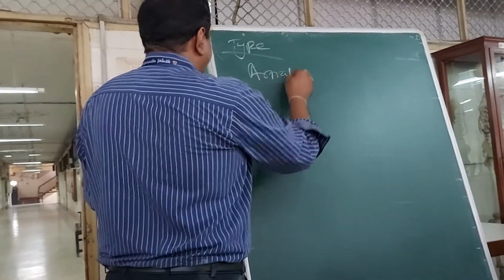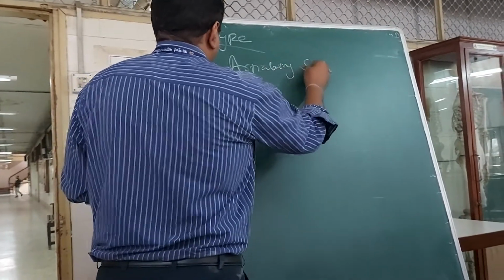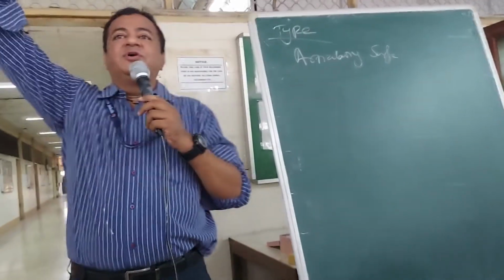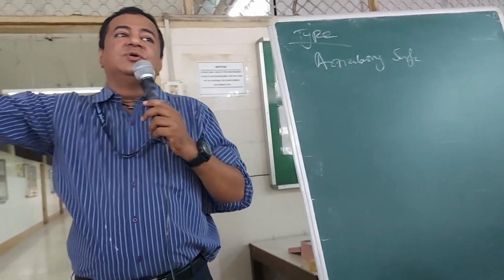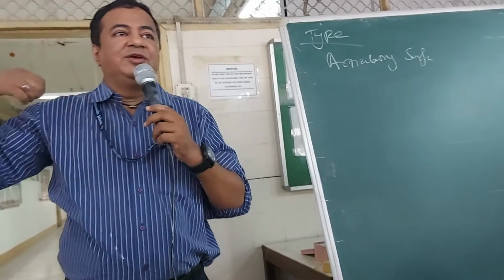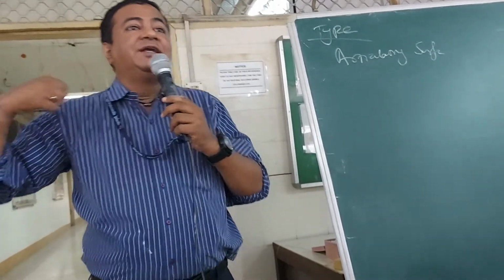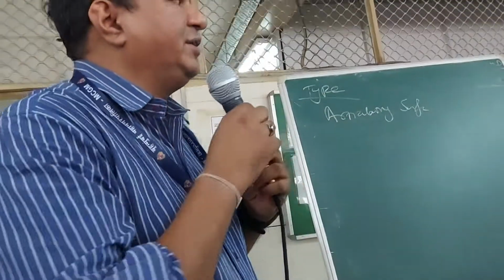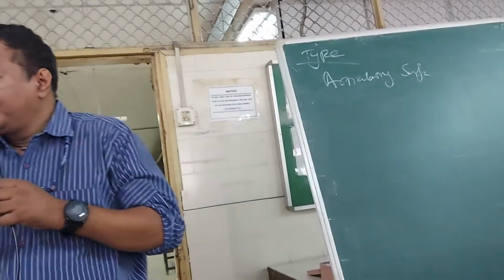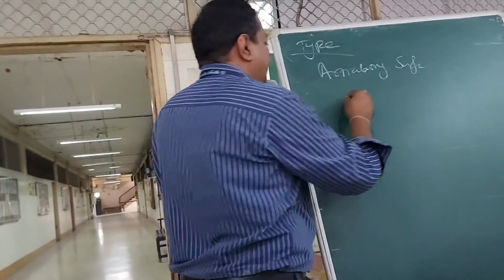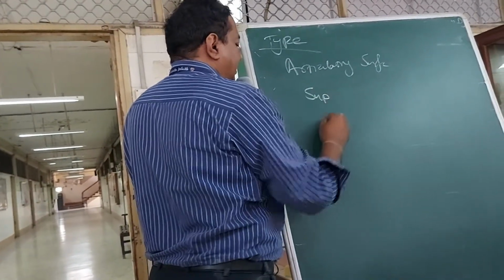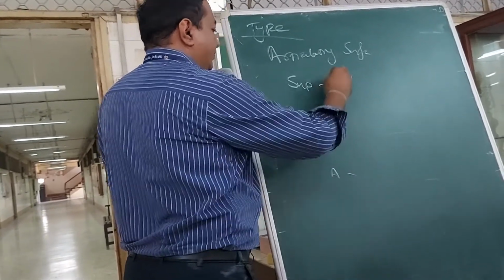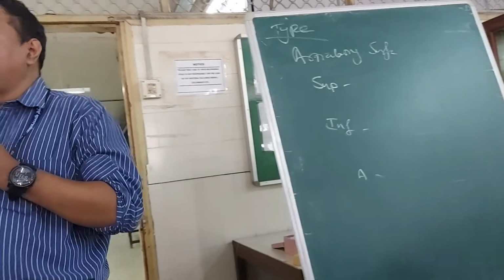After type, what do we write? Articulating surfaces. In other joints we used to write 2 articulating surfaces. For the shoulder joint we wrote medially and laterally. For the elbow joint we wrote superiorly and inferiorly. Here you will be writing superiorly, inferiorly, and anteriorly. 3 will come here.